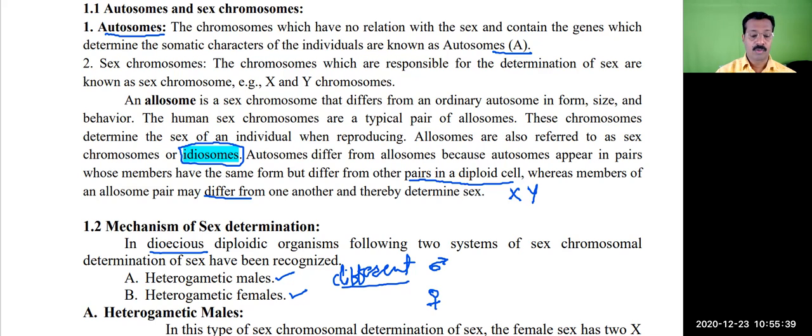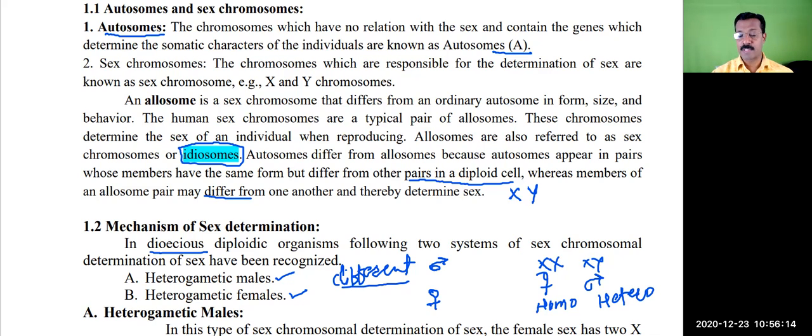As far as your previous syllabus is concerned, we have seen that X and X chromosomes are present in the female, and X and Y chromosomes are present in the male. So here XX becomes homogametic and XY becomes heterogametic.